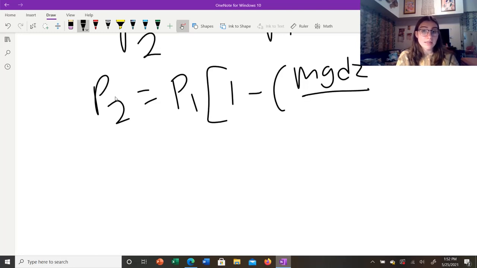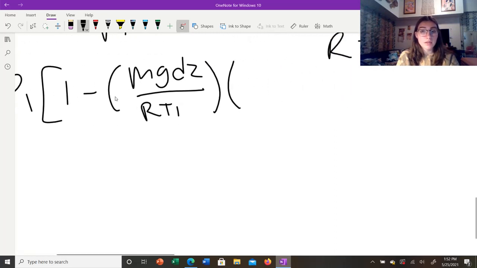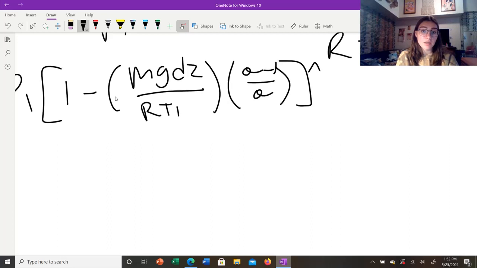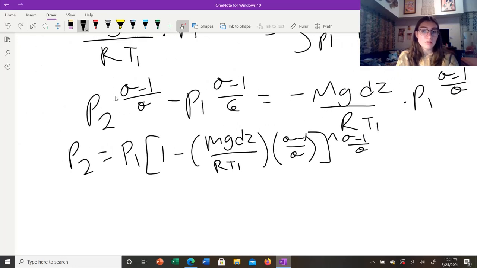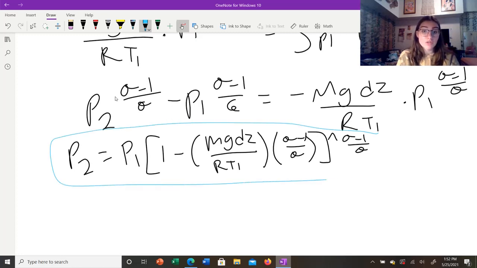Same thing, 1 minus mg delta z over R T1, to the (gamma minus 1) over gamma. And here's where we're putting that power, because we're multiplying it over to the other side. So this would be to the power of (gamma minus 1) over gamma, the whole thing, including the P1, so not just P1 gets it. This is the final equation for how the pressure is related.